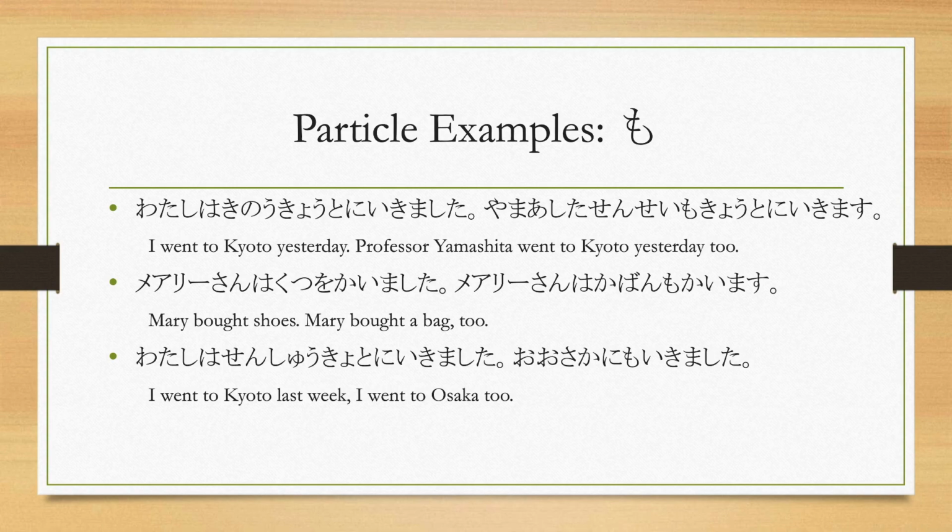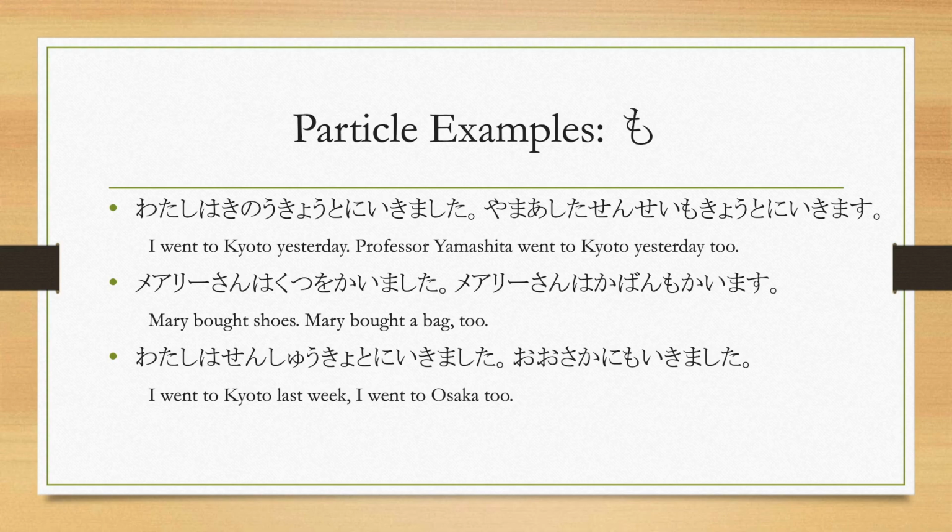Mary-san wa kaban mo kaimashita. Mary bought shoes. Mary bought a bag as well. Watashi wa senshuu Kyoto ni ikimashita. Osaka ni mo ikimashita. I went to Kyoto last week. I went to Osaka too.